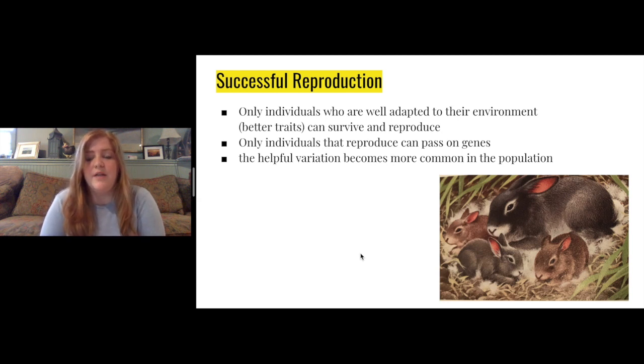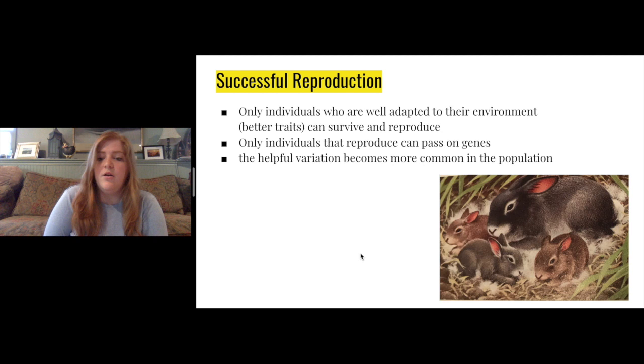In our example that we've been talking about the whole time, we have our rabbit example here. This is a picture of a rabbit with little rabbit babies. It's very cute. That parent rabbit, or that mother, I assume, had the necessary genes in order to survive in their environment and were then able to reproduce and pass along those genes. The gene could be hopping a little bit faster, so they could avoid predators.